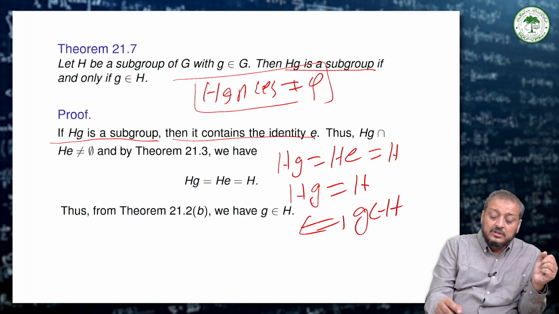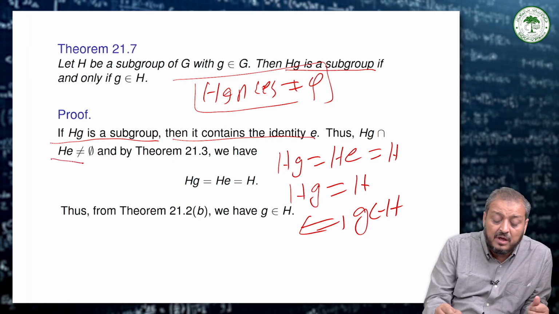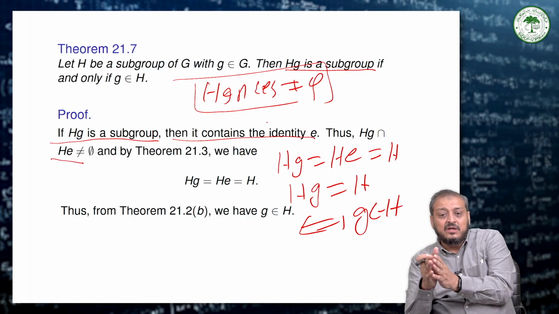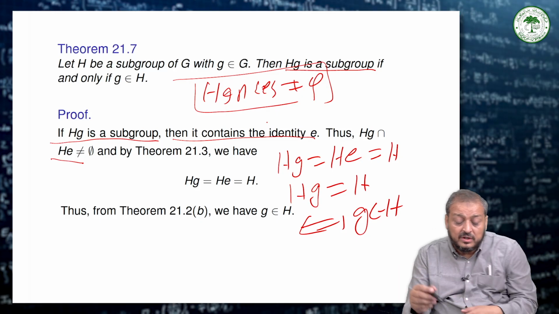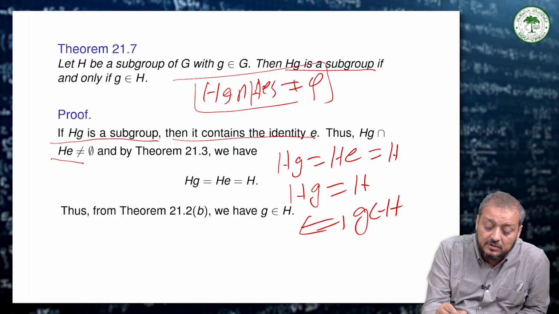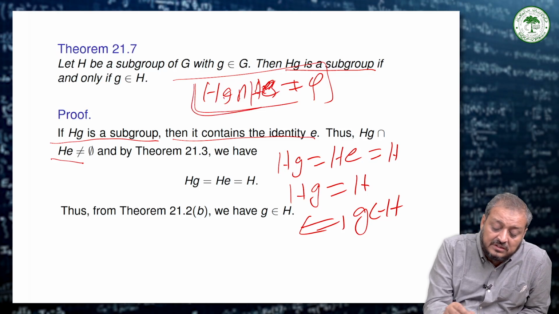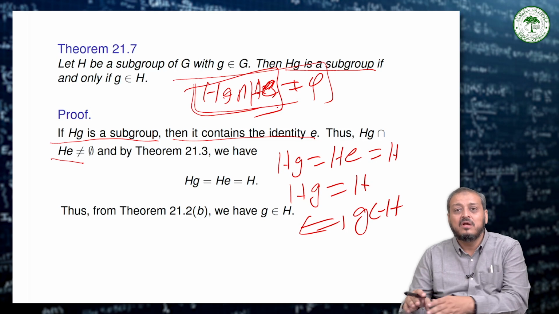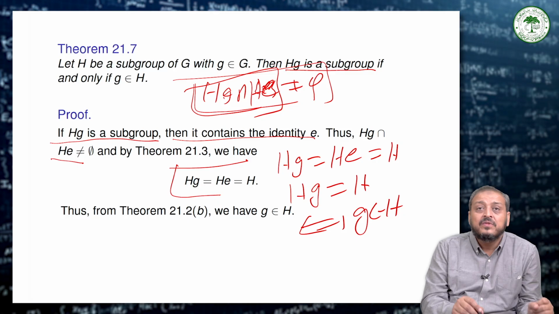So by using this result, if the intersection of Hg and He is non-empty, then the theorem says they are equal, so Hg is equal to He.